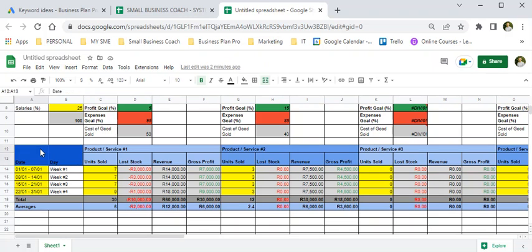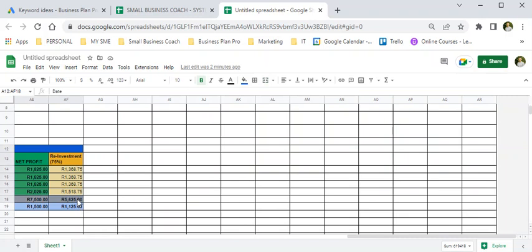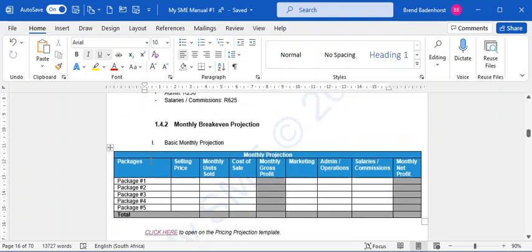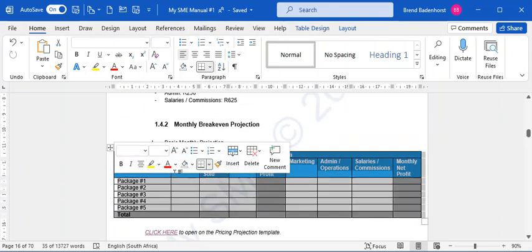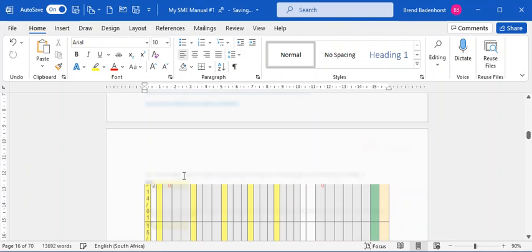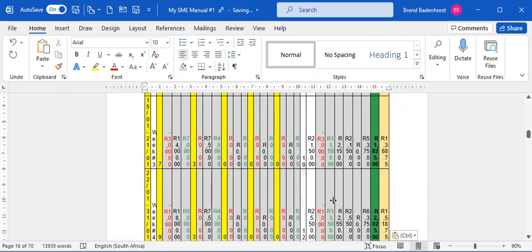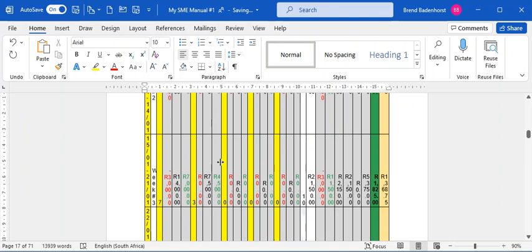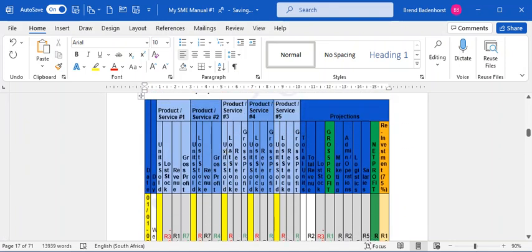I can then also take this formula and I'm going to now paste this on my SME manual. So I'm going to take away this formula over here. I'm going to paste it. And it looks like a bit of a mess. All right, so we want to fix this. What I'm going to do is delete product service 3, 4, and 5.